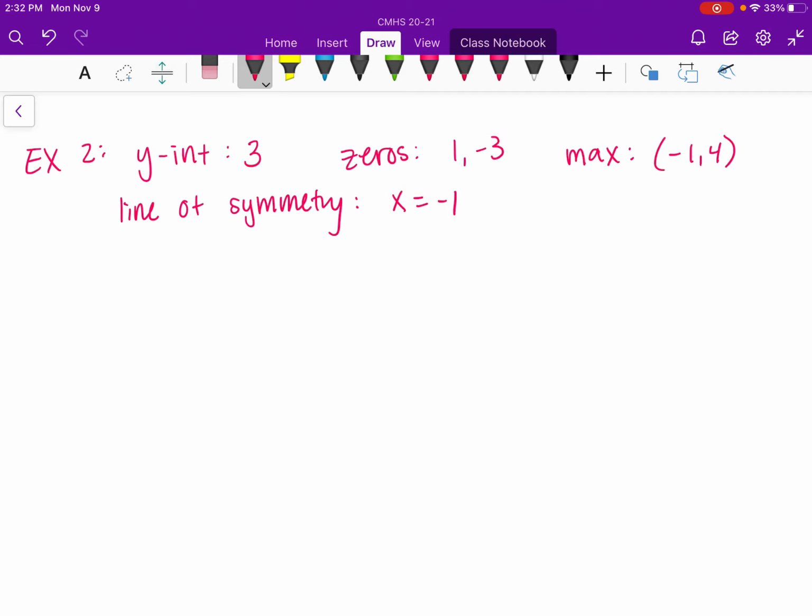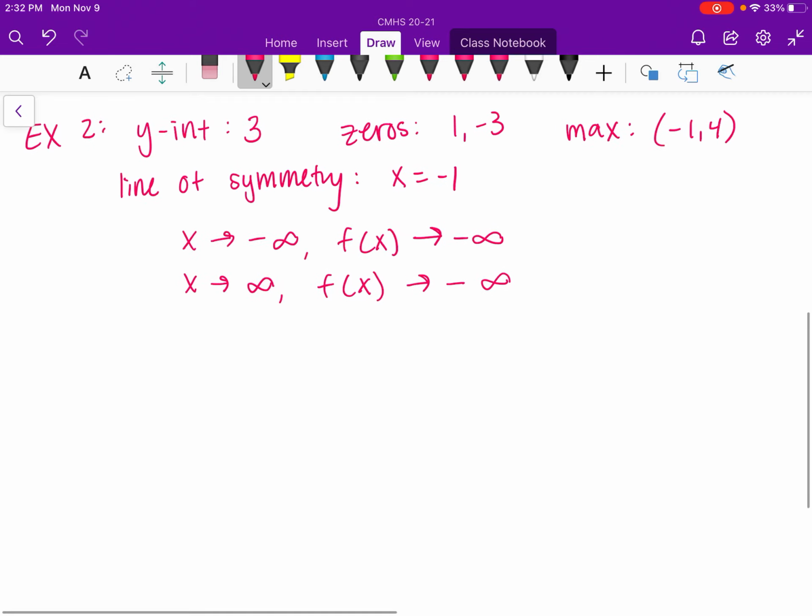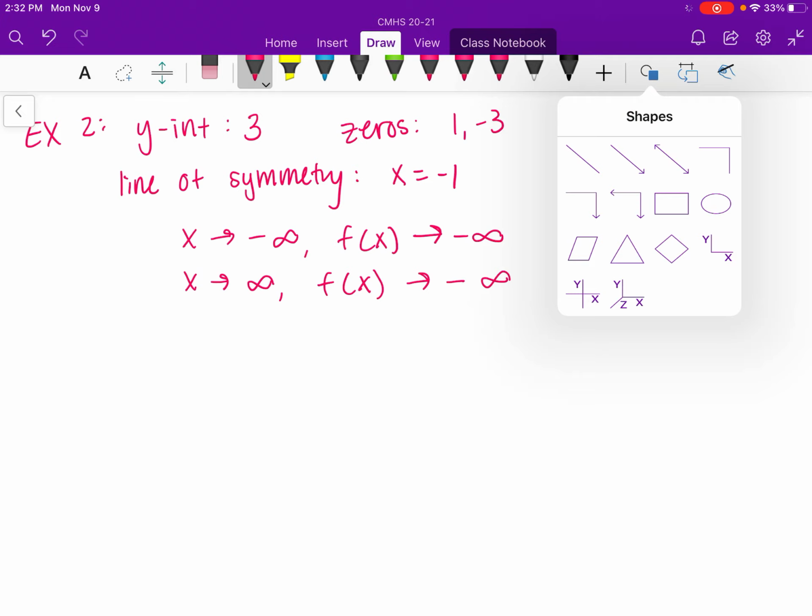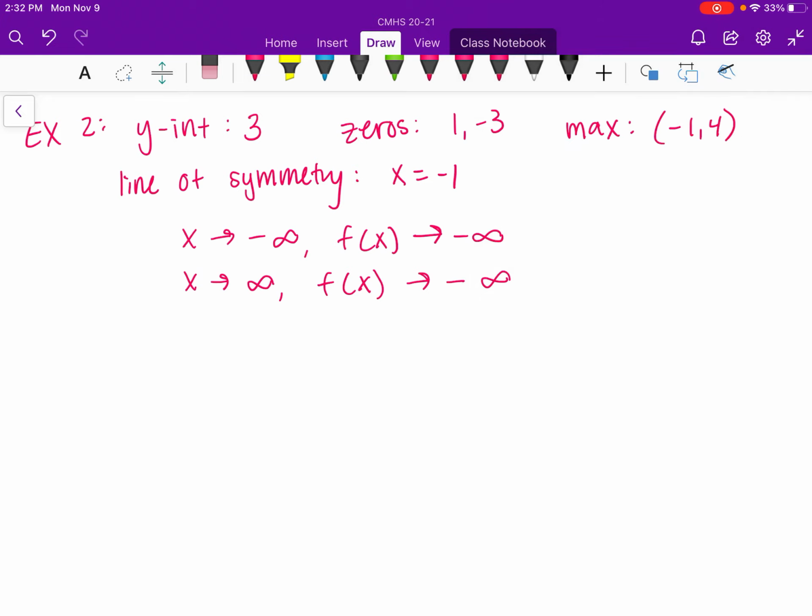And the end behavior, as x approaches negative infinity, the function is going to negative infinity. And as x approaches positive infinity, the function is also going to negative infinity. So it's going to be going down on both sides, left and right.